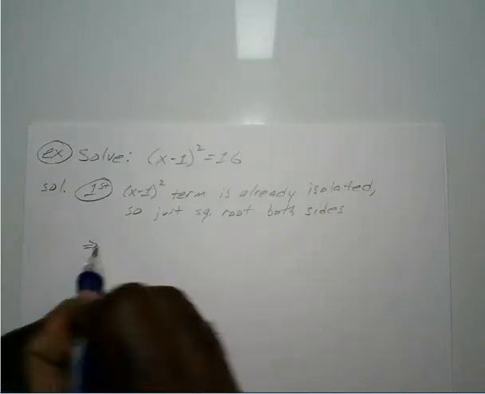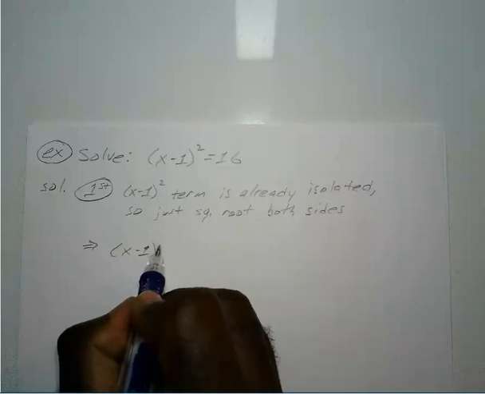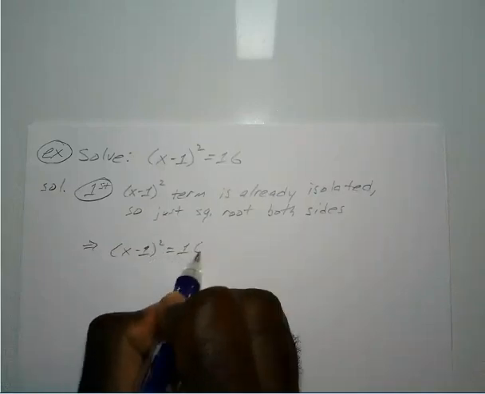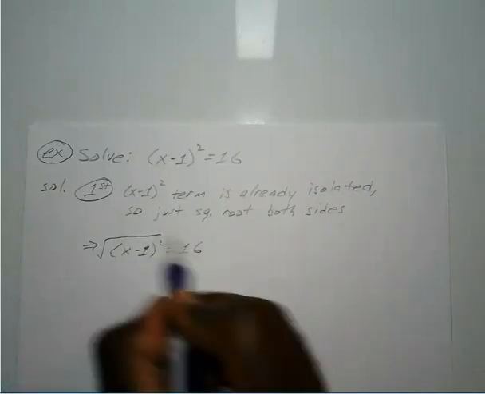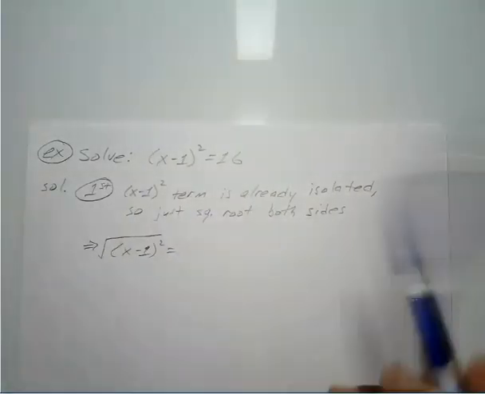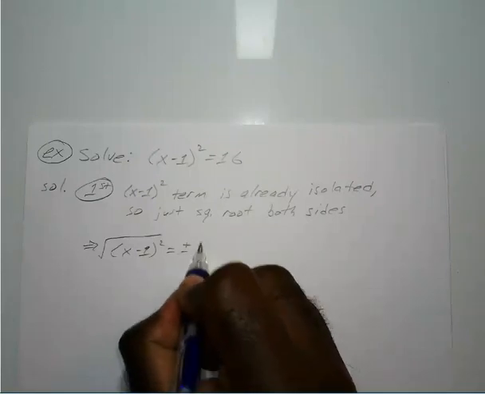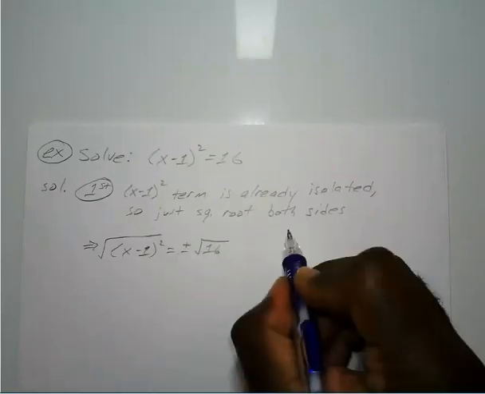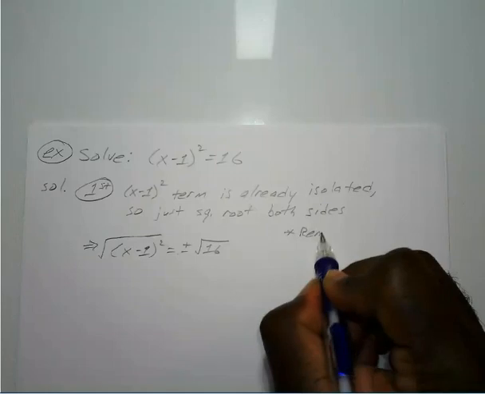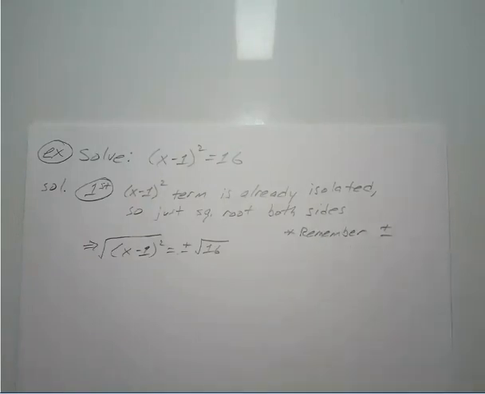Okay, so that gives us (x − 1) squared equals 16. We're just going to square root both sides. And of course, remember your plus or minus.